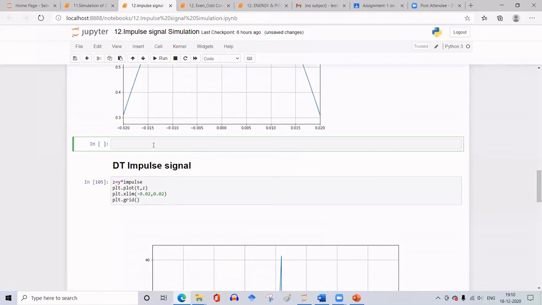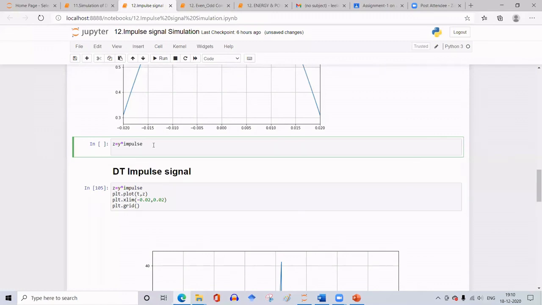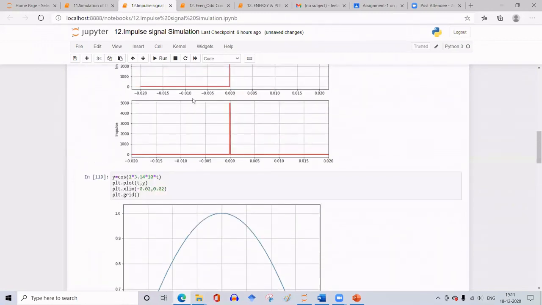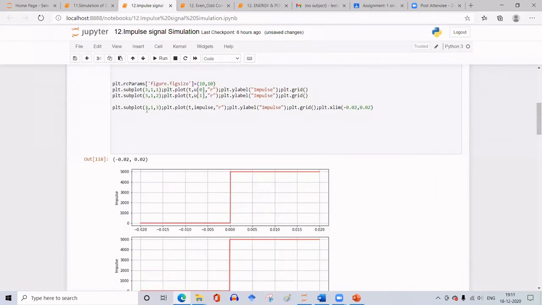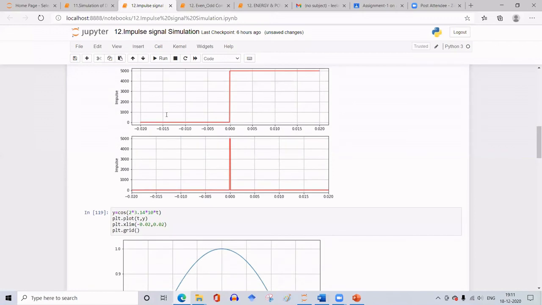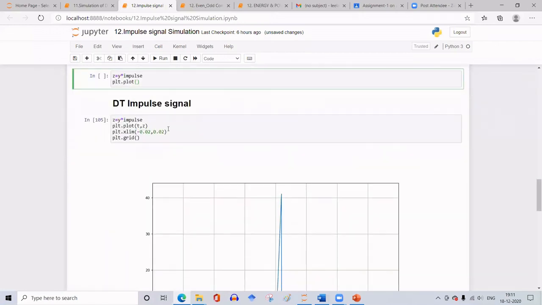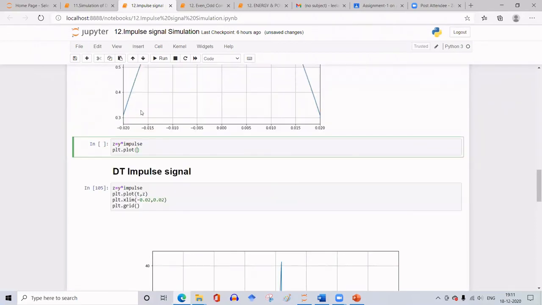So I'll make some z equal to y multiplied by impulse, and plt.plot. Let me copy that whole thing. I don't want a subplot now. plt.plot, where our x-axis is t and y-axis is z.